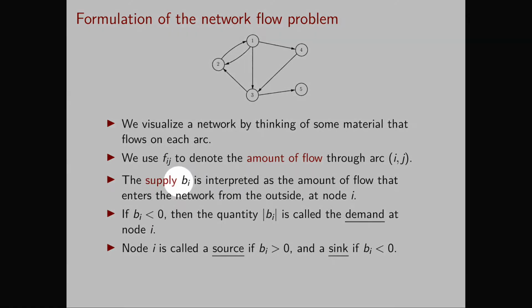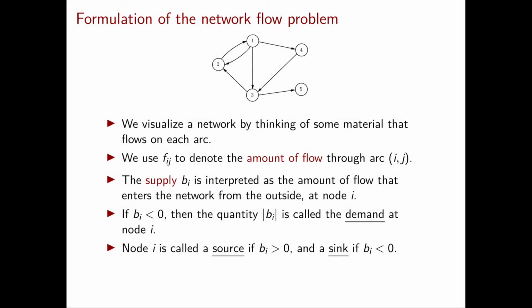Next, we discuss the role of the supply. The supply b_i is the amount of flow that enters the network from the outside at node i. Recall that in our definition the supply is a real number, so in particular it can be negative. If it's negative, a negative amount of flow enters the network from the outside.